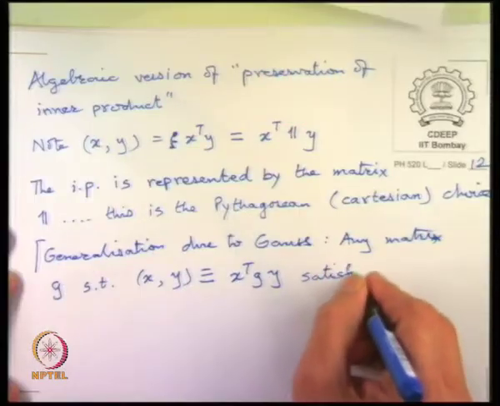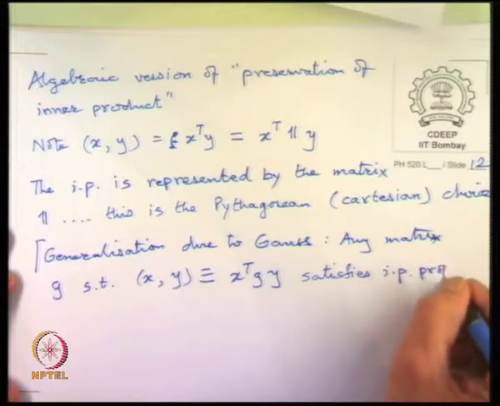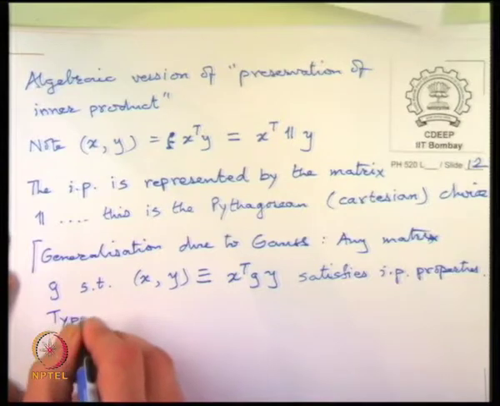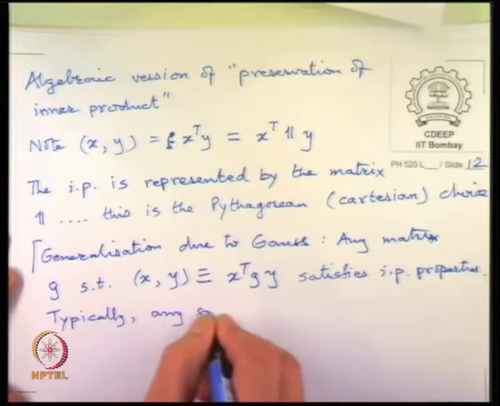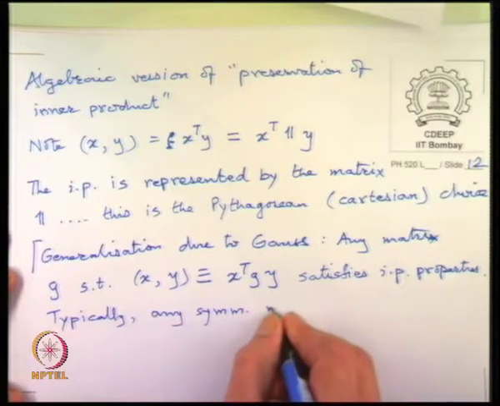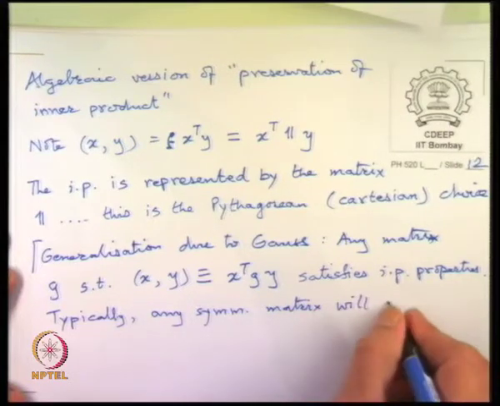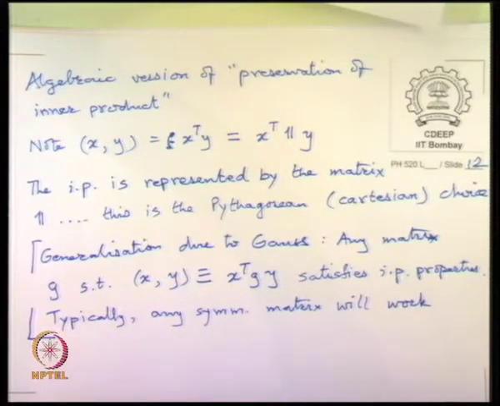So typically all symmetric matrices. This is the generalization due to Gauss, and he calls it the metric tensor.